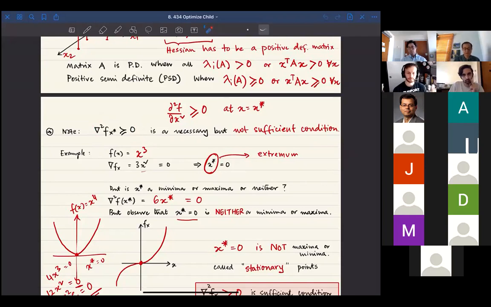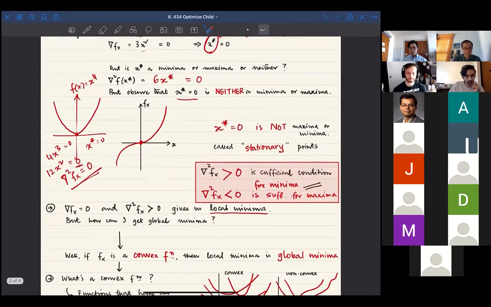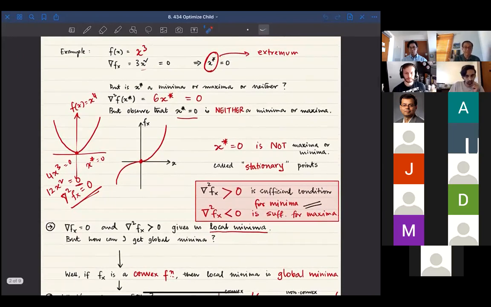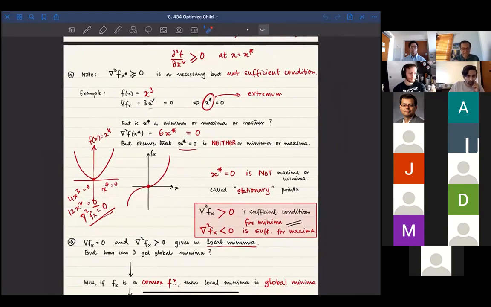But we observe that when the Hessian is positive definite, then it's definitely a minima, or if the Hessian is negative definite, then it's definitely a maxima. So the sufficient condition is that the Hessian has to be positive definite.